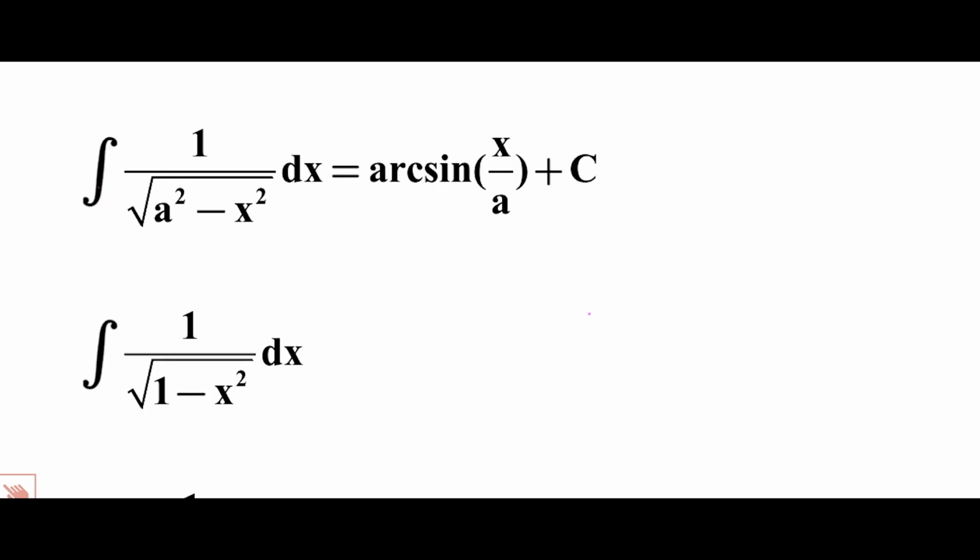For example, the integral of 1 over the square root of 1 minus x squared dx. So if you look at this formula, a equals 1, right? So we have arcsin of x over 1, or arcsin of x plus c.